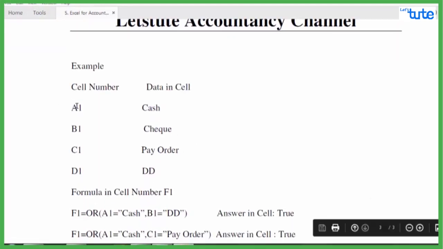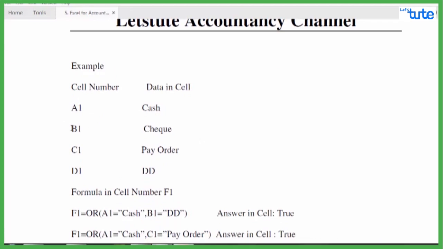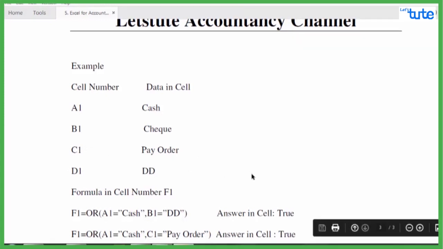A1 contains the word cash, B1 contains the word check, C1 contains pay order, and D1 contains DD.